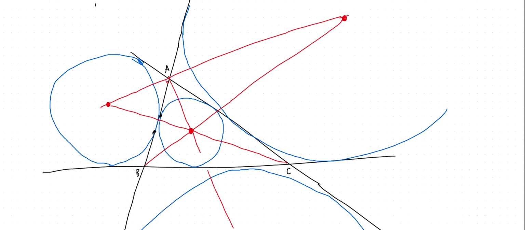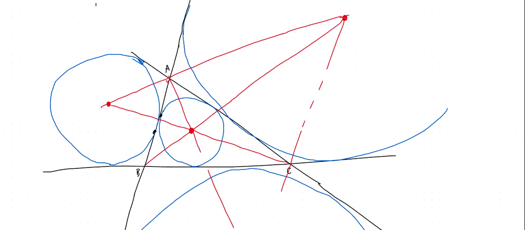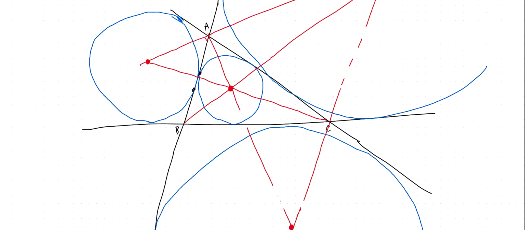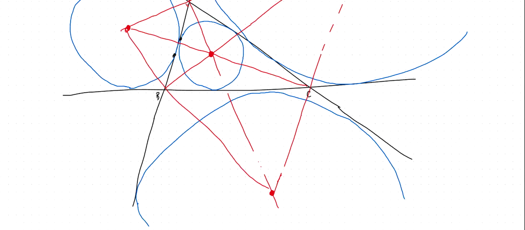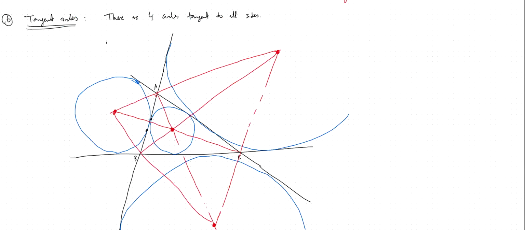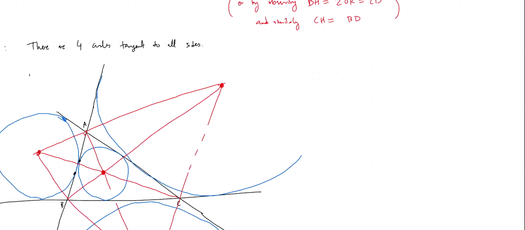While these two must be on the angle bisector of C like this. And these two must be on the angle bisector of B like this. So this is the statement, and this figure always appears. How do we prove that this always appears?